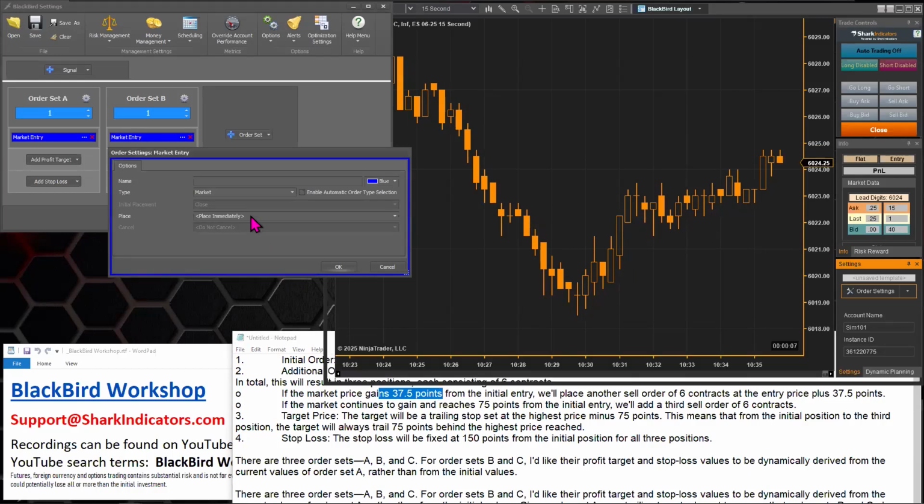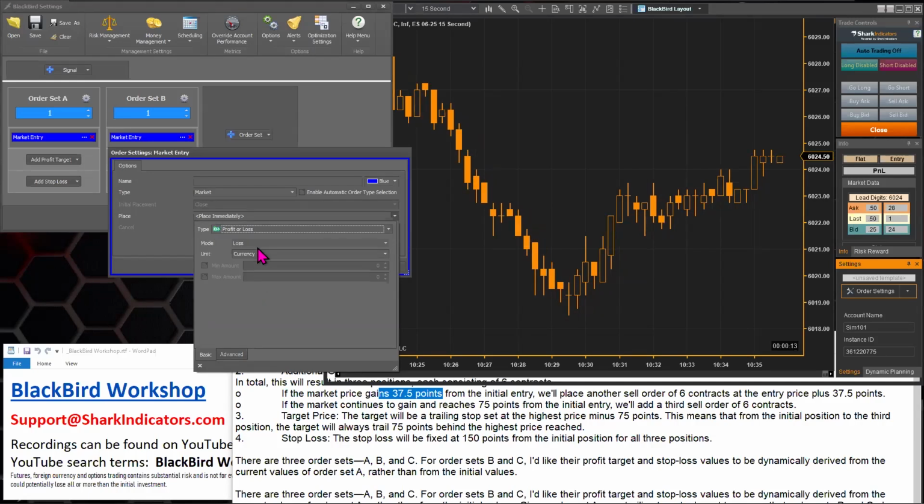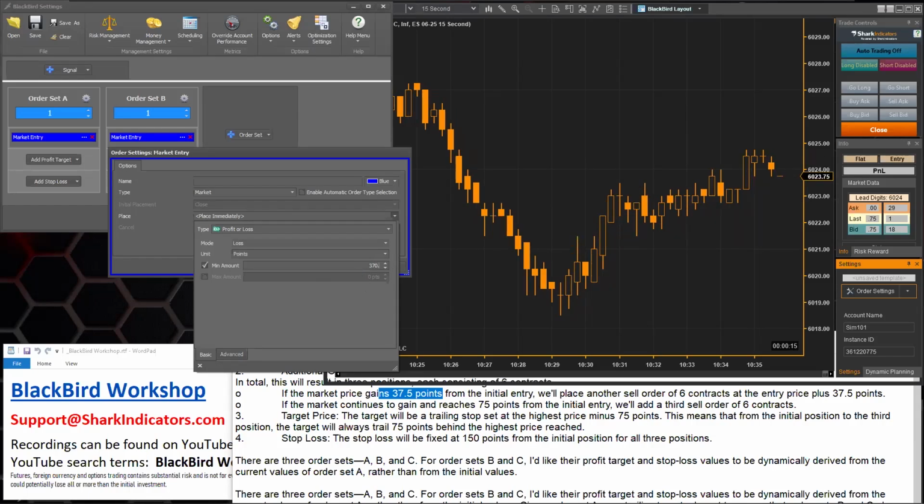So I'd have to go in here and use the profit or loss trigger. We're looking for a loss in points, and set that amount. I could put 37.5, and get rid of that 0, 37.5, like so.